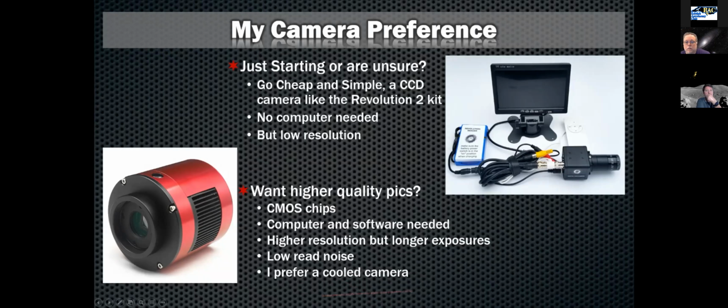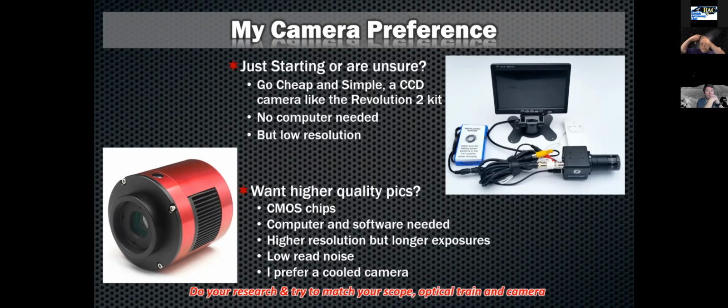One thing that's very important, though, regardless, is to do your research and try to match your scope, your optical train, and your camera. Depending on what kinds of things you want to look at, you might need a focal reducer. This is where this part of the hobby leans closer to imaging, in that you have to understand what your F ratio is, the focal length of your imaging train, pixel sizes, and that sort of thing.